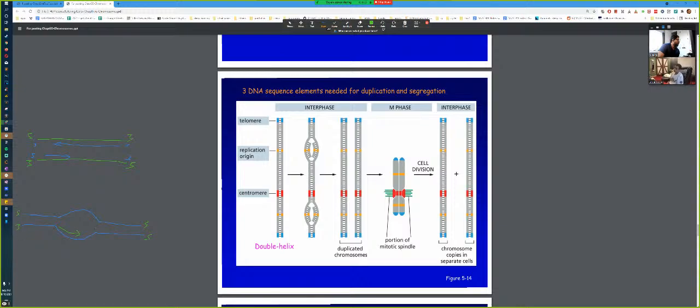If this is 5, 3, and this is 5, 3, like that, this new strand is going in the 5. So remember, it has to be synthesized in a 5 to 3 direction. We have a double strand, 5, 3, complementary 3, 5.